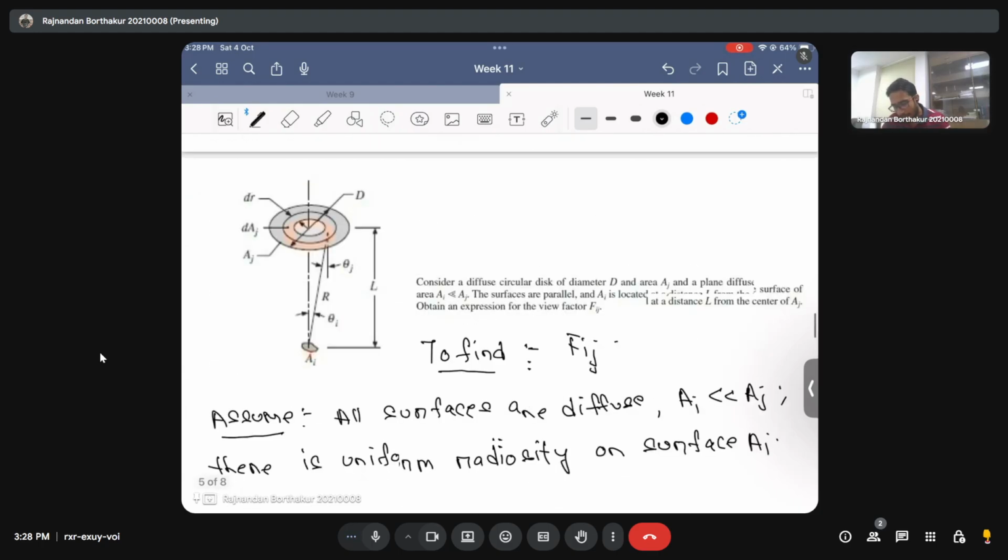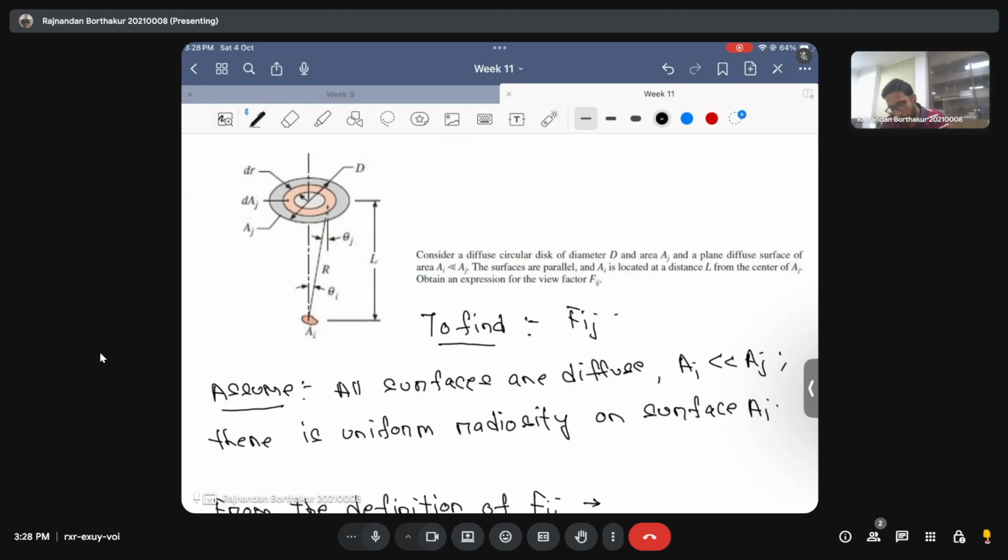Okay, where r is nothing but, see, this is a finite body, this is not a differential body. Which means that in order to use this generic definition of view factor, you need to pick an elemental area out of the total area involved in this body AJ, which is given by the shaded region, as you can see.